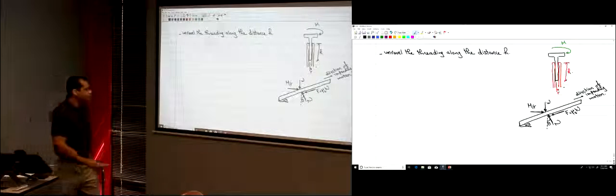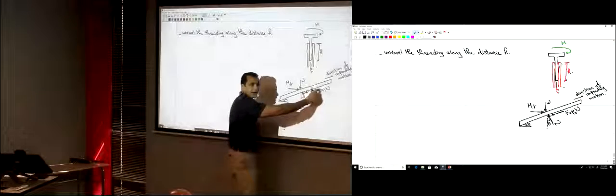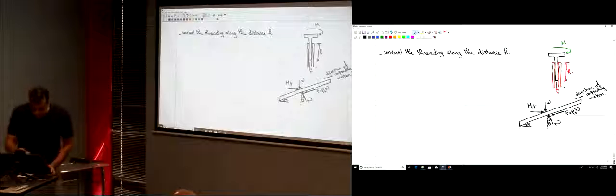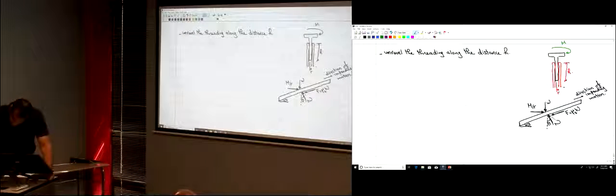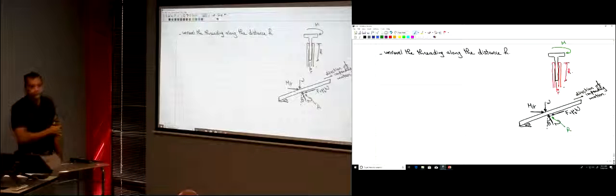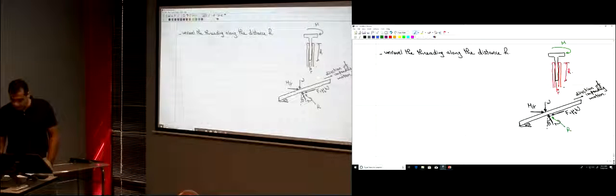Now we have those two forces, N and F. We have a resultant force of them. So what's the resultant force of those two forces, N and F? Let's call it R. How much is this resultant force? Square root of N squared plus F squared. What's the angle here?